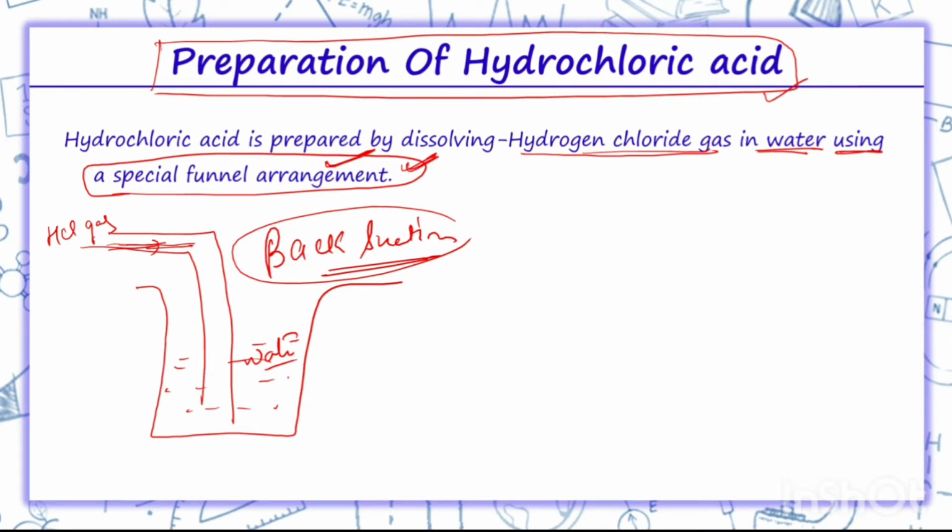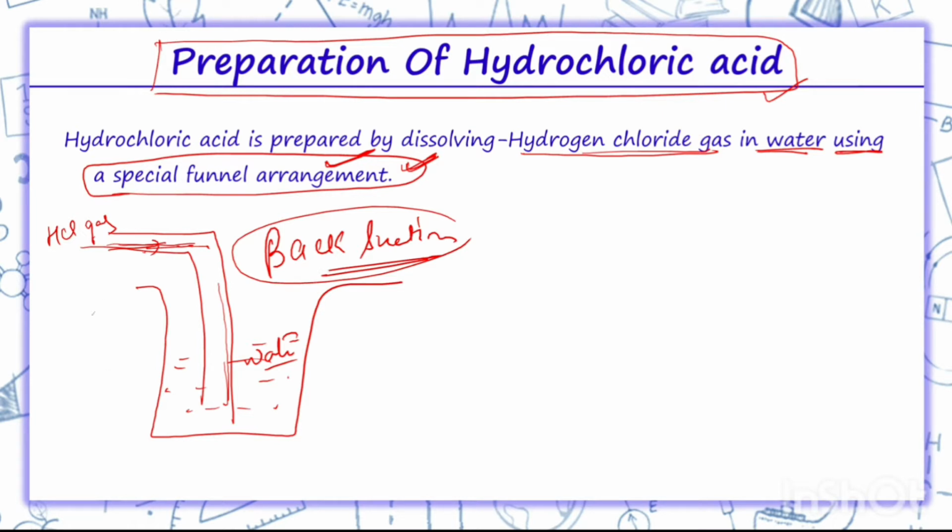So if the delivery tube through which HCl gas is passed is directly immersed in water, the rate of absorption of HCl gas is high and hence a partial vacuum is created. The pressure outside being higher, water is pushed up into the delivery tube, because of which this apparatus gets damaged, and this is known as back suction.